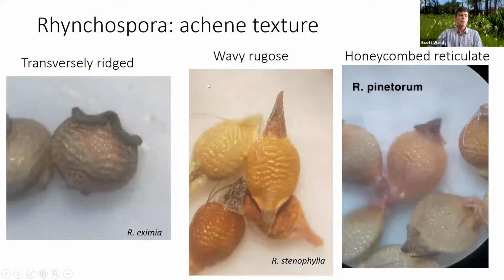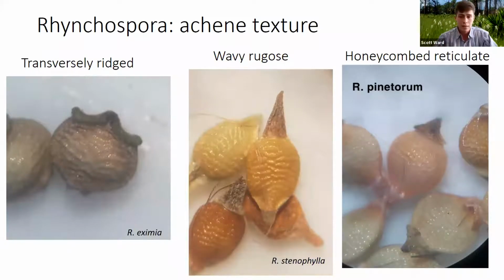So for me, some of the terms are rather synonymous. Some species, like Rincospora eximia, have these sort of transversely ridged achene surfaces, which in some cases tends to be less wavy than what you get in a species that might be considered wavy rugose. So once again, a ton of terms that botanists have for these really minor differences.